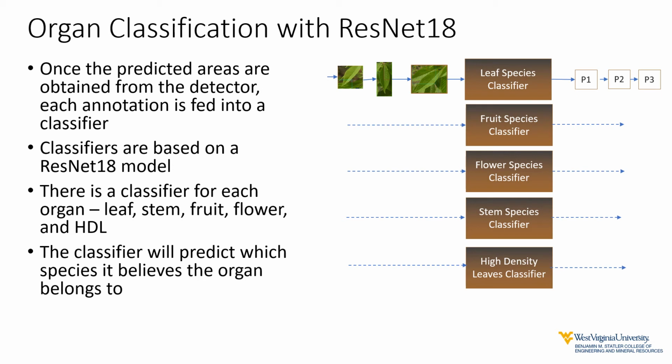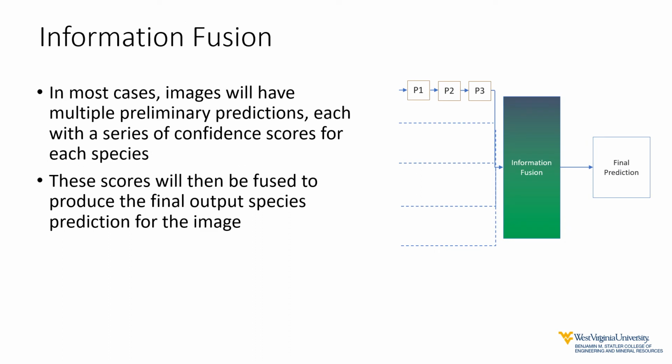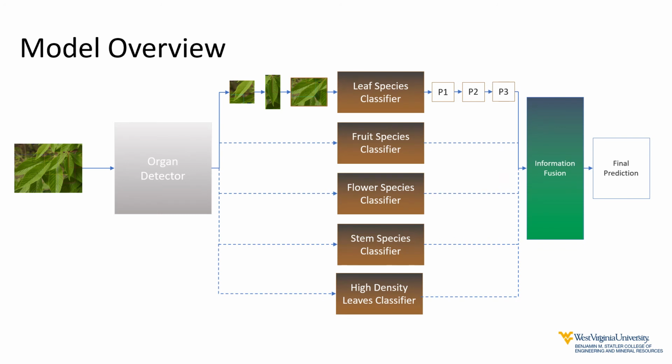So we might need to use ResNet 34 or deeper models if we increase the number of classes. As I mentioned earlier, we'll have confidence scores generated from each classifier, and we'll fuse them together to predict a final prediction. For that, we are using an information fusion technique. So this is a total overview of our model.